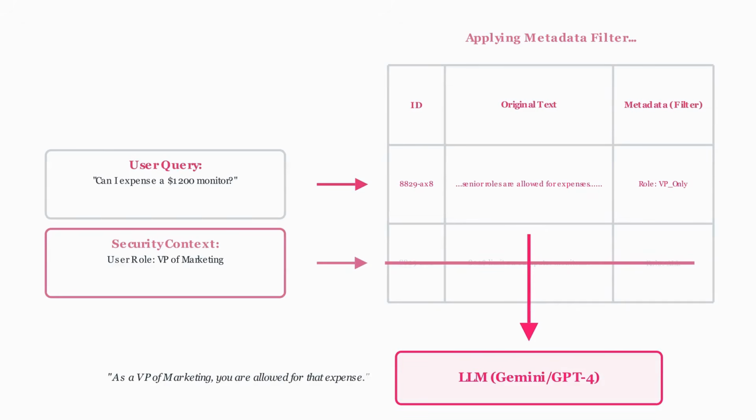In the real solution, the application pulls the original text from the vector database for matching records and sends it to the LLM like Gemini or ChatGPT so the AI can read and reason and then formulate an answer.